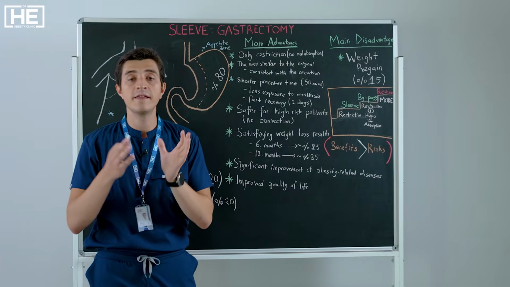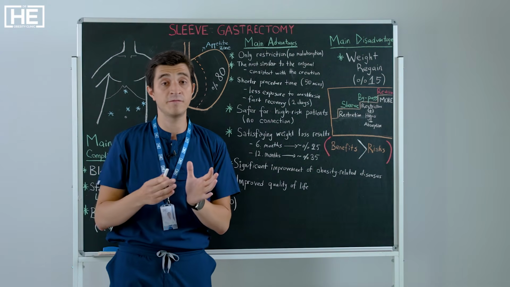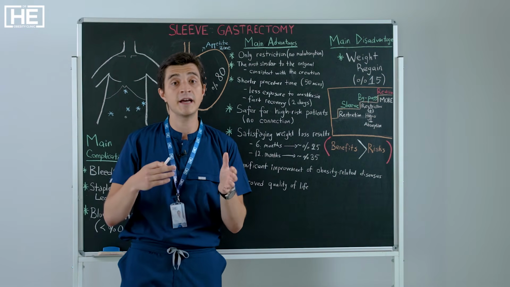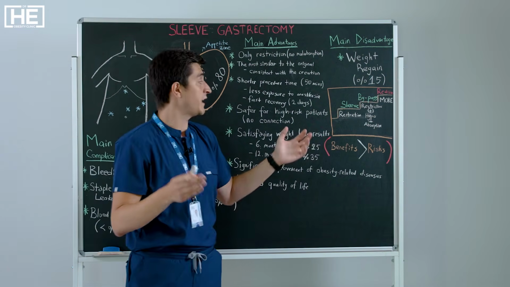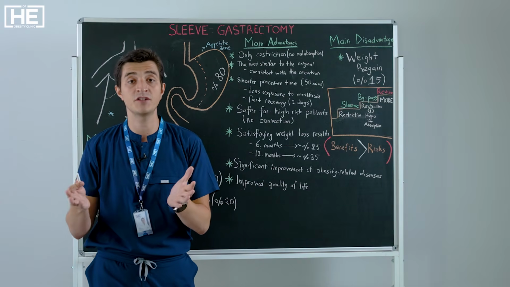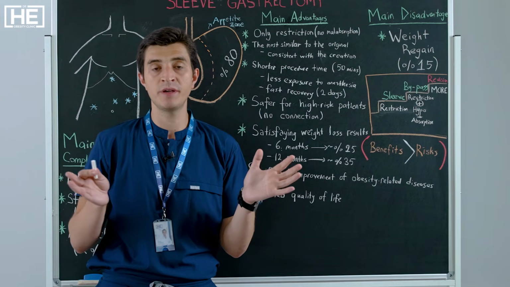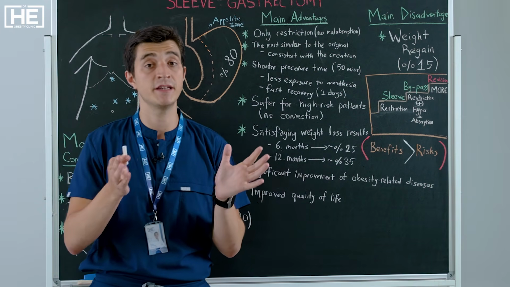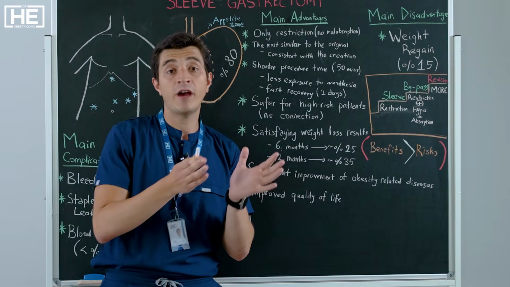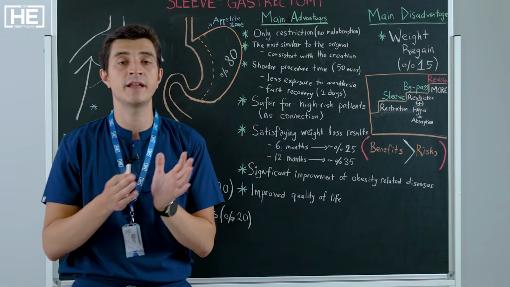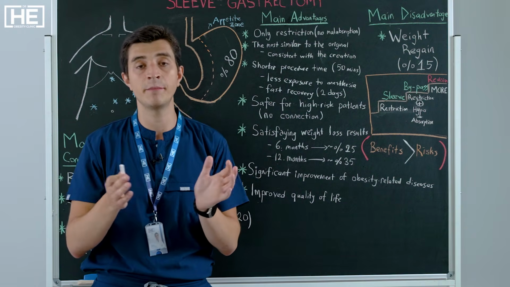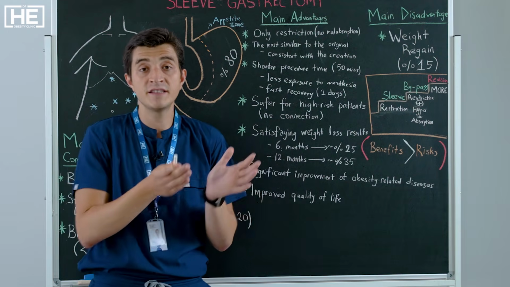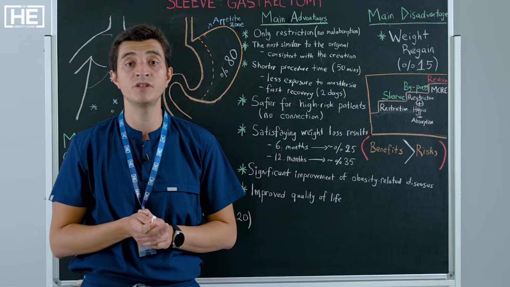Of course, we will take a detailed history and we will listen to your expectations, and we will discuss and decide together on the operation type. The indication for obesity surgery is clear if your BMI, body mass index, is over 35, or if you have obesity-related diseases like severe or long-term diabetes and you have a BMI over 30, there is an indication for obesity surgery, bariatric surgery.